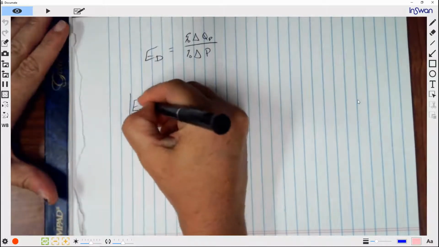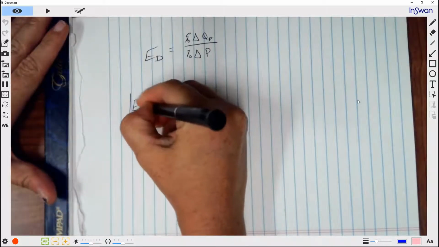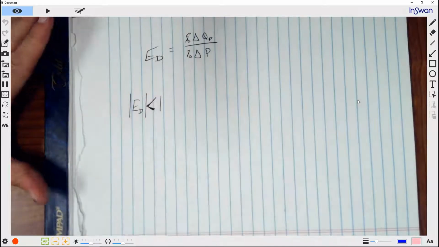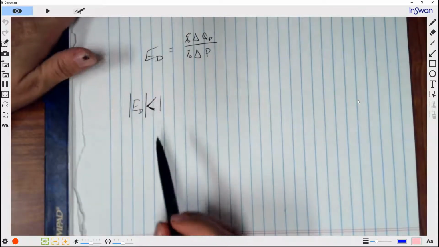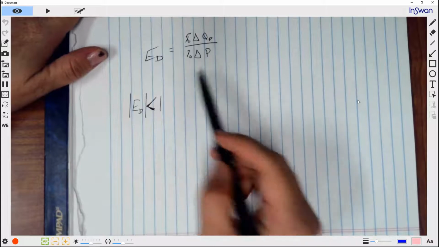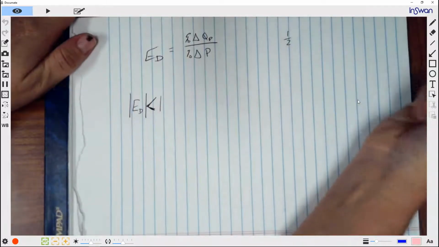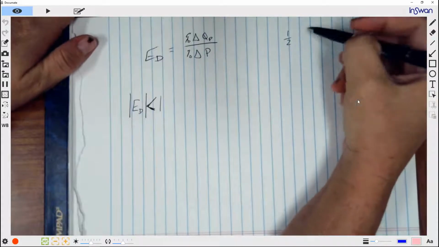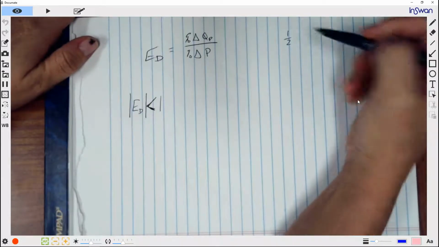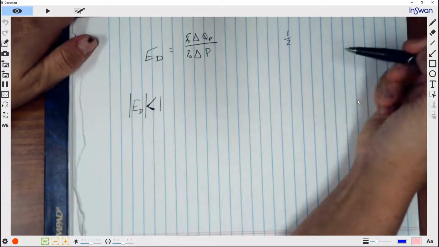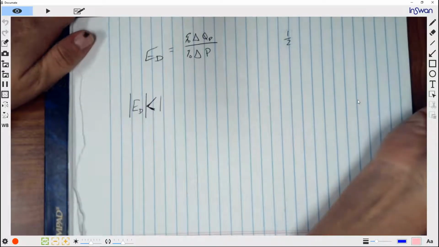So if the absolute value, the number itself, forgetting the actual sign, is less than 1, what does it tell me? If a fraction is less than 1, so for example, you know the fraction 1/2, and you know that that's less than 1. What does it tell me that this is less than 1? It tells me the top of the fraction is smaller than the bottom of the fraction, right?